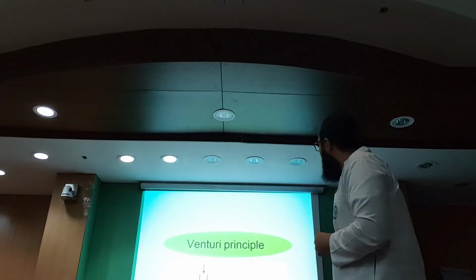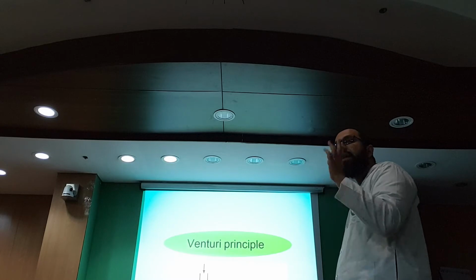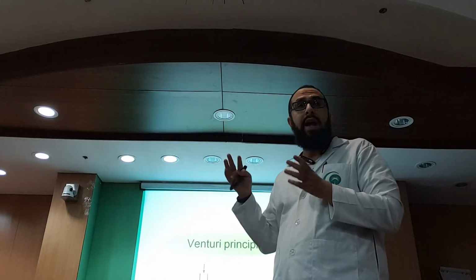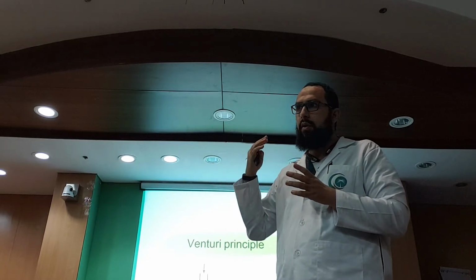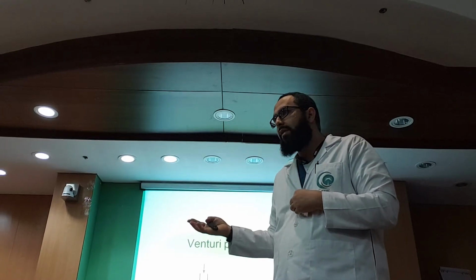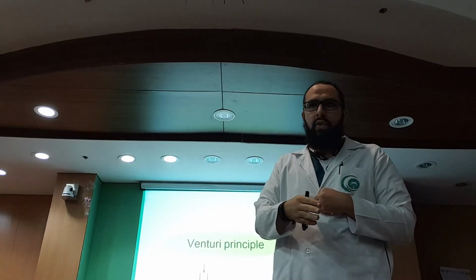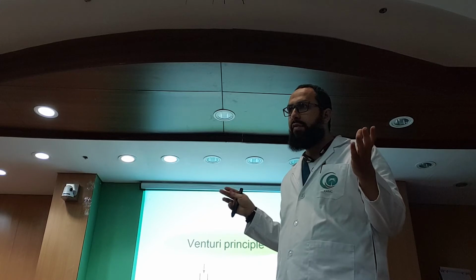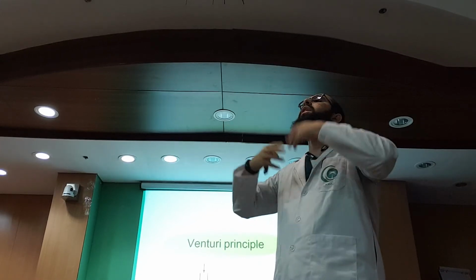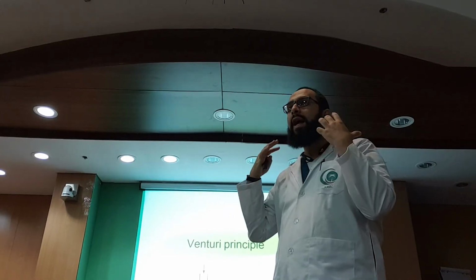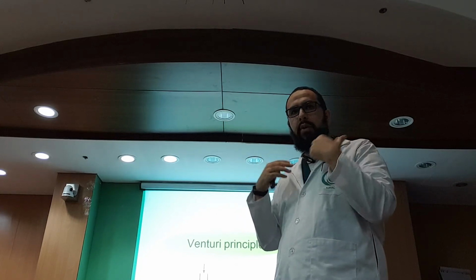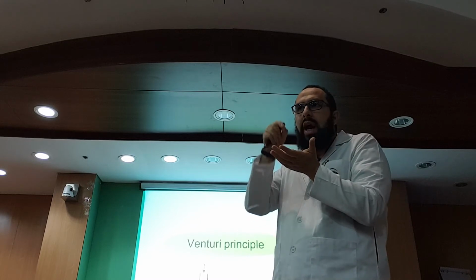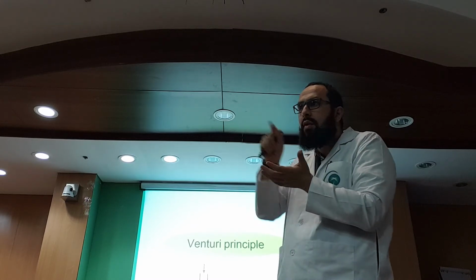So I have a total flow of oxygen, let's say 10 liter, and I will have another air volume coming from the room. If you have another 5 liters and you add 10 liters of oxygen, the total will be 10 and 5, 15. This 15 will go to the patient to inhale. When he inhales, he will take all this volume. He will not take any other volume from outside. So I now know how much is delivered to the patient.